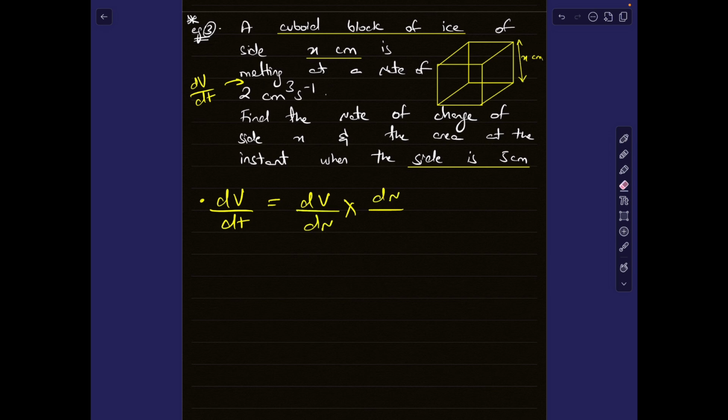Since we do know that x is the third variable, and that will be used to form the relationship. What do we need to find? We need to find rate of change of side x.